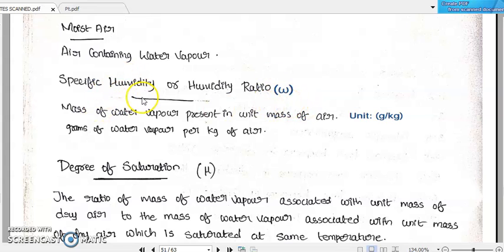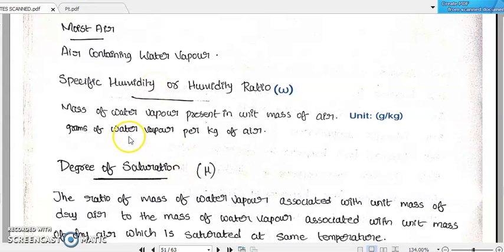In our common layman's discussions, this term usually comes up, for example, today it was a very humid climate, so we are sweating profusely. What is the idea of this humidity? Humidity represents the amount of water vapor content in air.